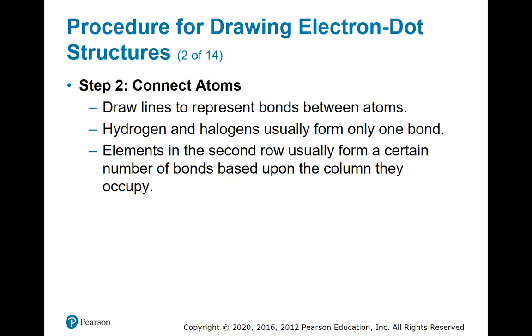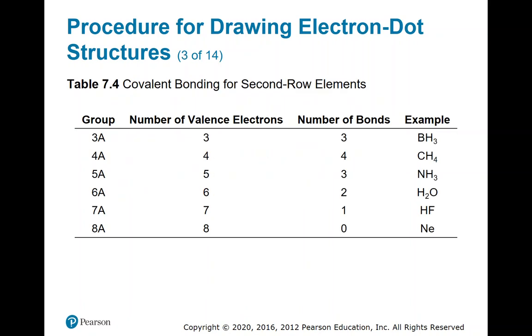And elements in the second row usually form certain numbers of bonds based on their position in the periodic table, and to a certain extent, if you look at the elements directly beneath any of the elements in the second row, they'll usually have the same number of bonds and lone pairs as the elements above them, although with row 3 and below, there are some exceptions to that. It's more absolute for the elements in the second row.